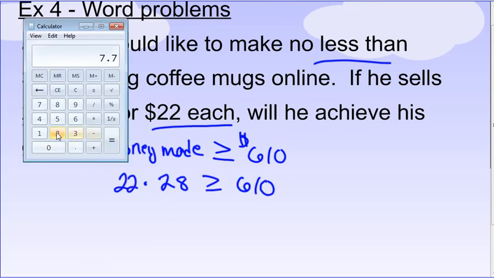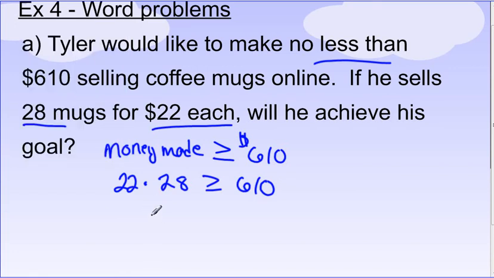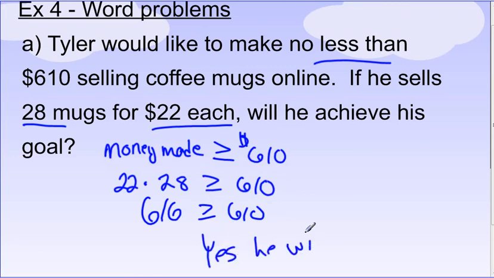Calculator. 22 times 28 equals 616. So we got 616 is bigger than or equal to 610. Is this a true statement? The answer is yes. He made $616, which is bigger than the 610, so he met his goal. Will he achieve his goal? Yes, he will.